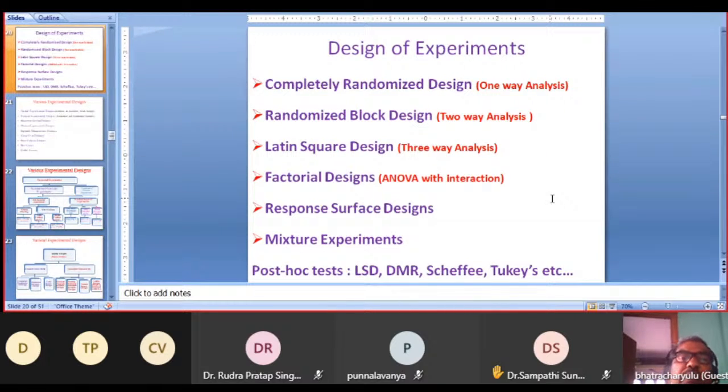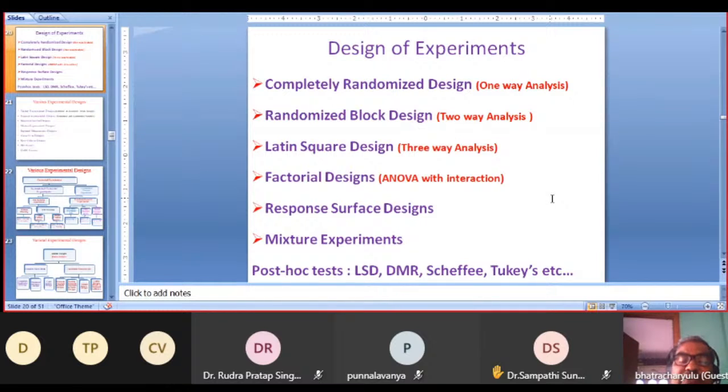Now, coming to the exact design of experiments, I am using various experimental designs and I will specify that classification. The major basic designs are three: completely randomized design, randomized block design, and lattice square design.